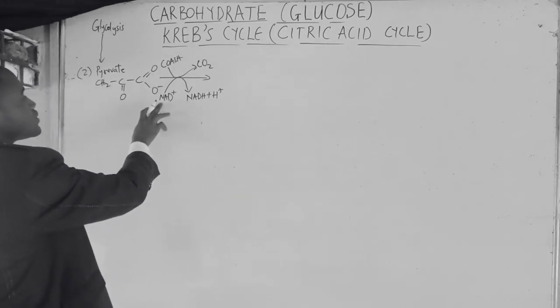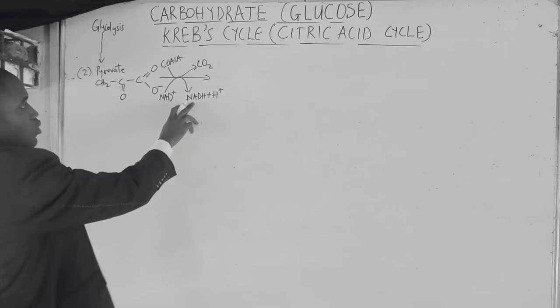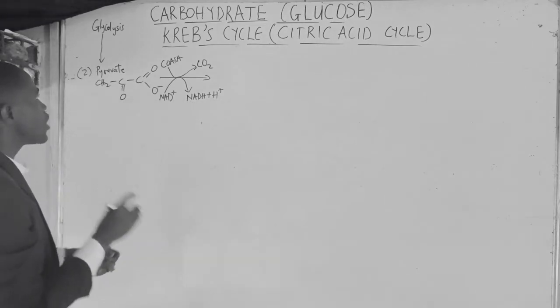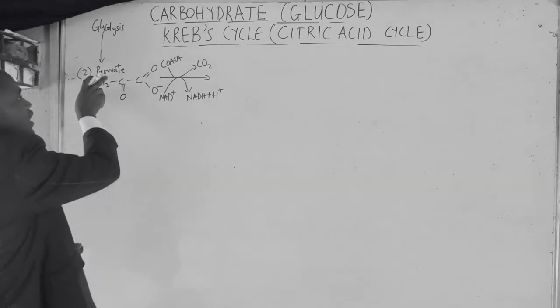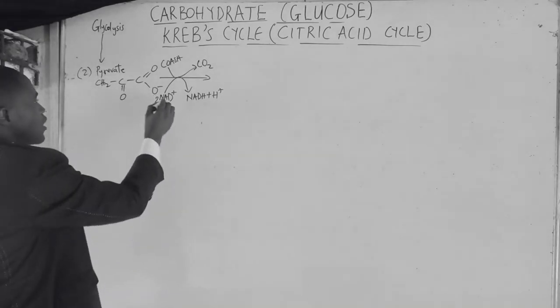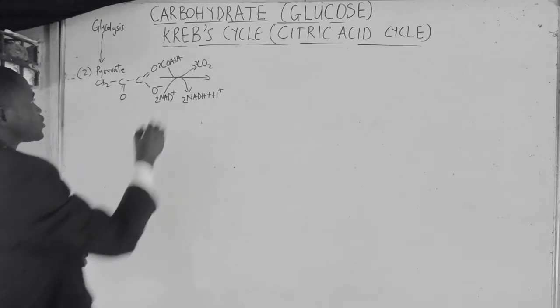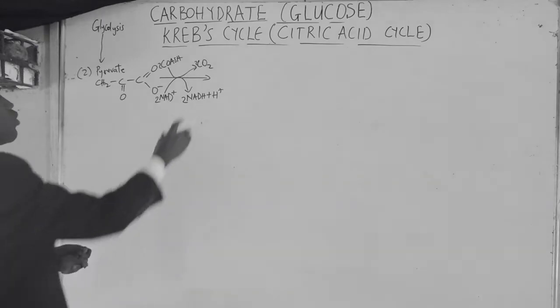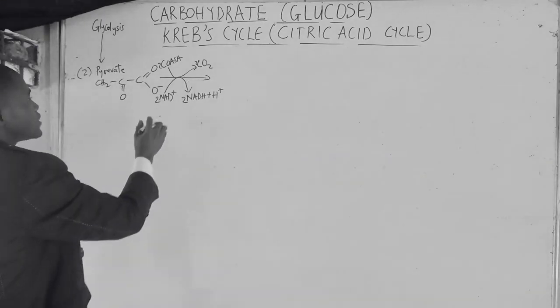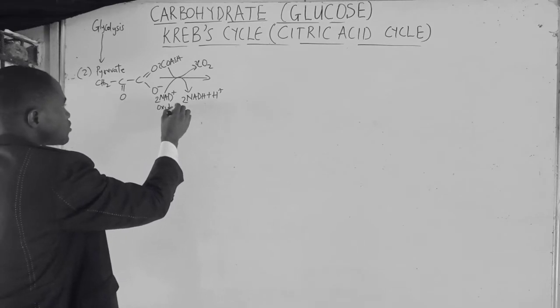We call this nicotinamide adenine dinucleotide, and we call this reduced nicotinamide adenine dinucleotide. Because the pyruvate here is 2 molecules, everything here will be 2 molecules. Now, this will take place by a process called oxidative decarboxylation.